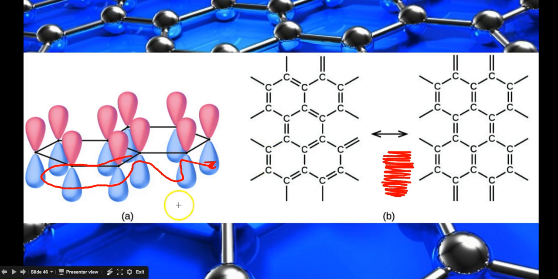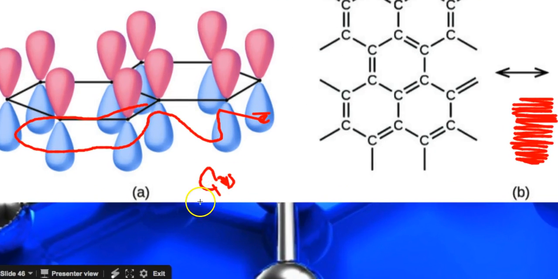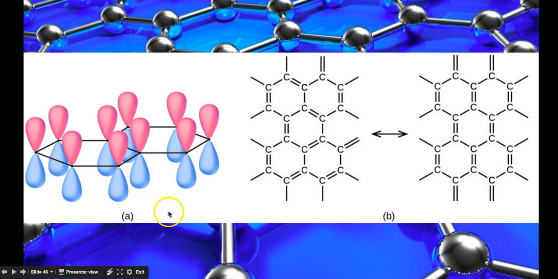And we call this conjugation, okay? Anytime we have unhybridized p's, and again, we always have with a double single conjugation, that sp2 carbon results and allows for electrons to be delocalized.